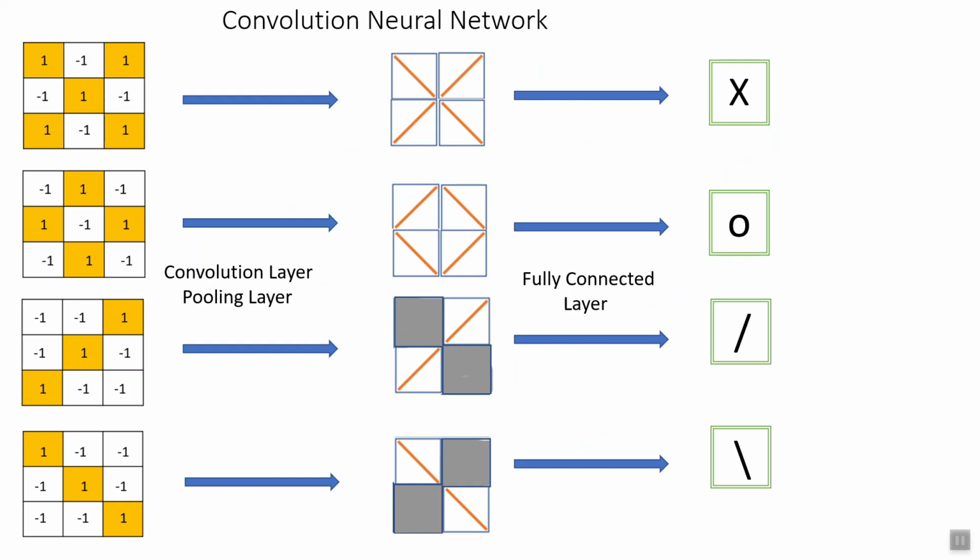The convolution layer breaks the image into small pieces, and then the fully connected layer takes these pieces and uses some logic to figure out which image it is.